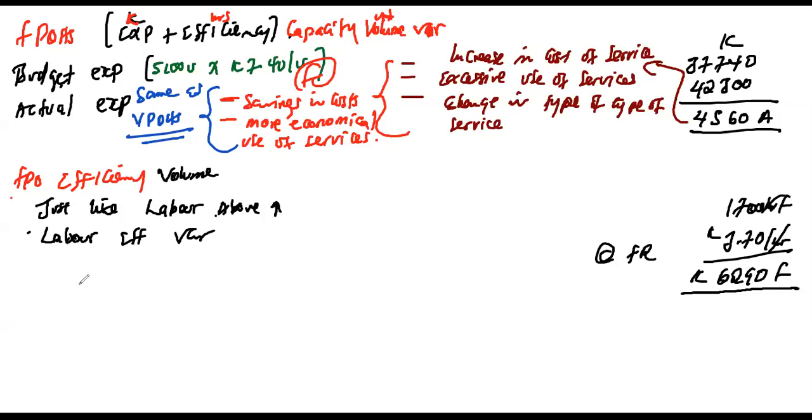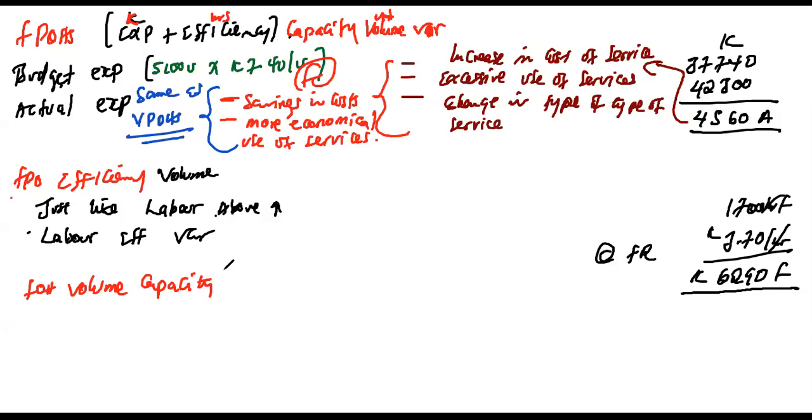So there we go. Another variance we're going to calculate here is the fixed overhead volume capacity variance. Now this variance is beautiful. So we're dealing with the capacity variance now.